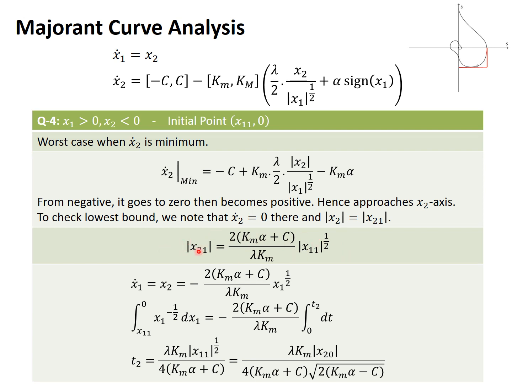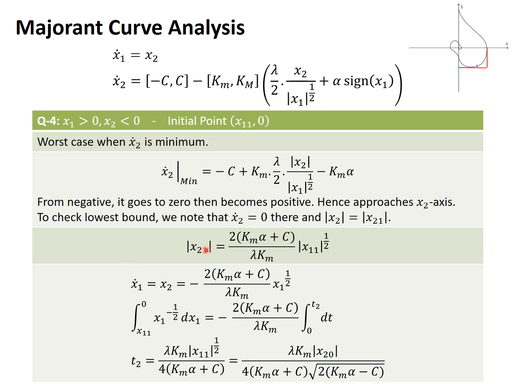These are the worst case assumptions, and when the worst case scenario is fulfilled, all the other scenarios will also work as per our need of convergence. So here you see we now have a relationship between x21 and x11.